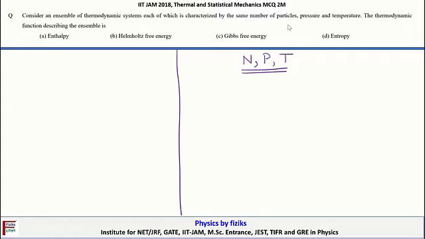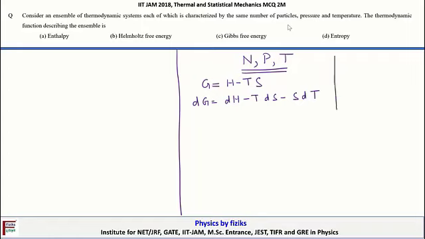As we have learned in thermodynamics, the Gibbs free energy is equal to H minus TS, where H is the enthalpy, T is the temperature and S is the entropy. So from here I can write for a small change in the Gibbs free energy, dG, that is equal to dH minus TdS minus SdT.